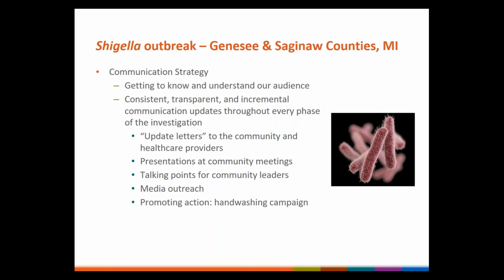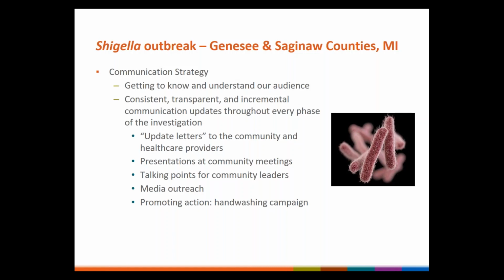So we had to start with doing a lot of listening, meeting with key community leaders, working with the health department and the community to understand what they wanted, how they wanted to be communicated with, who they would listen to, and the state was not trusted.